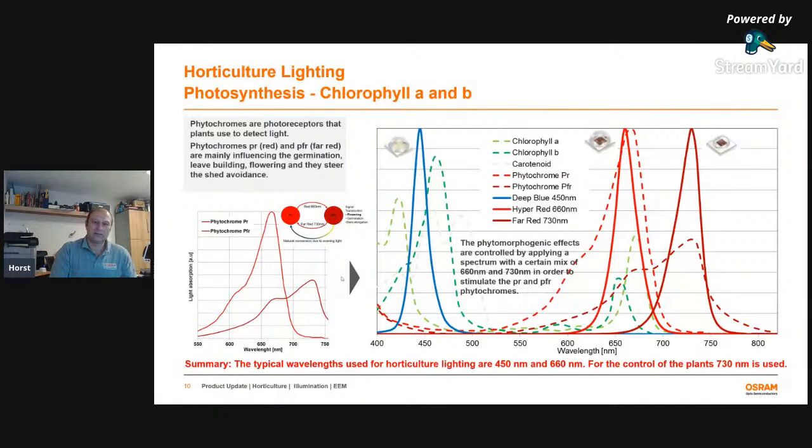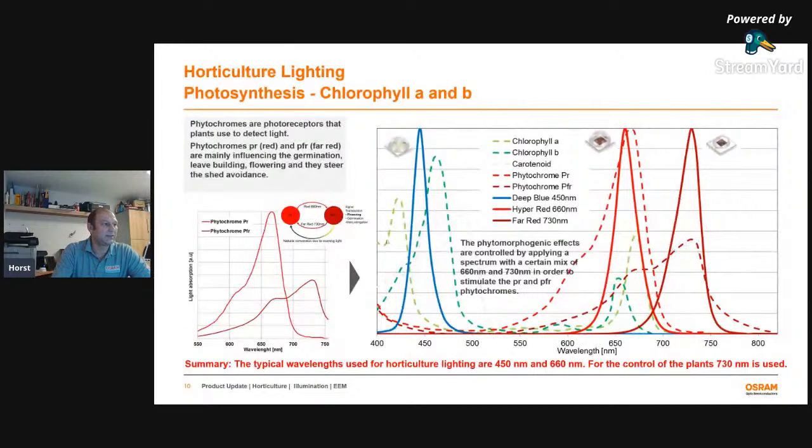And then let's say we set the daylight to 16 hours, and the rest of the 24 hours, the 8 hours, the plants also need some rest. So let's rest the plants. But in this resting phase, we can say, okay, let's give the plant a good night kiss.